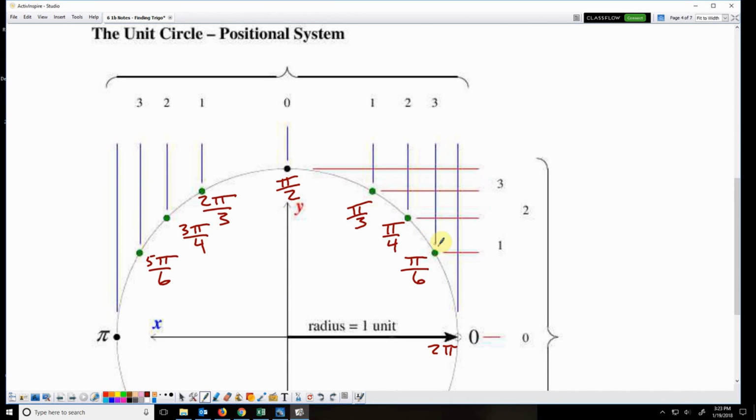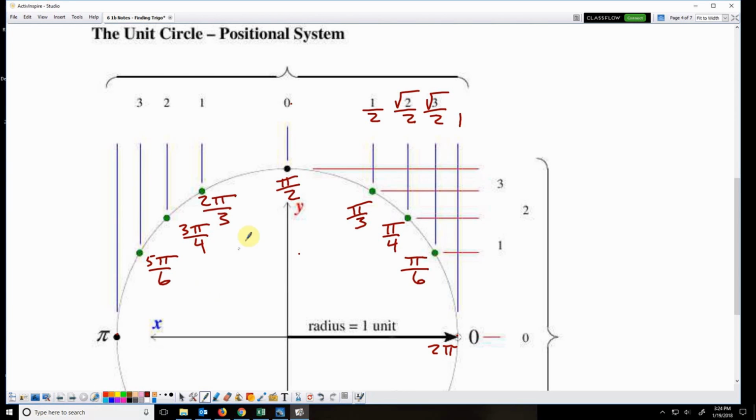Here's 1, 2, 3, and 4 positions right. 1, 2, 3, and 4 positions left. So right here, x is 0. When you go to the first position to the right, x is 1 over 2. Second position, it's root 2 over 2. Third position, x is root 3 over 2. And the fourth position puts us all the way to the right of the unit circle. That is 1.